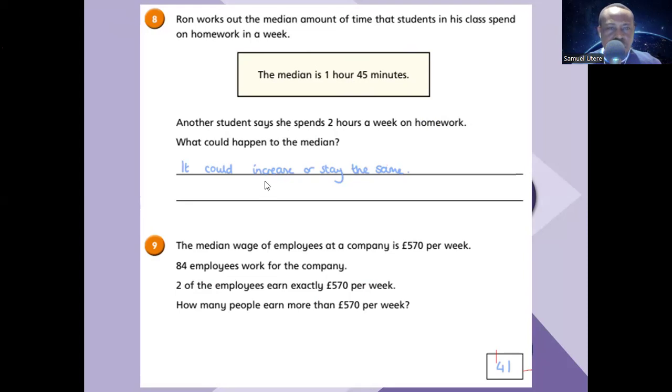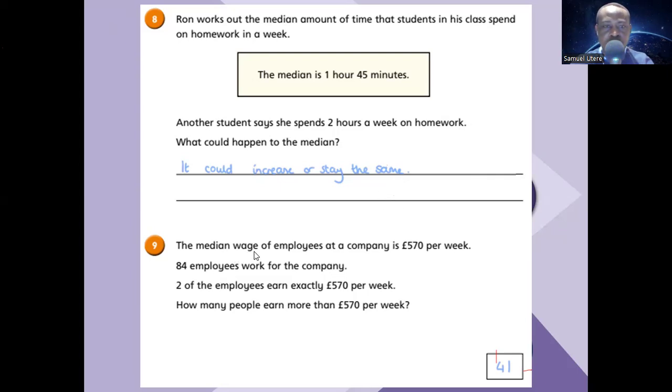It could increase or stay the same. Remember our very first example? When we change the value of the highest amount, that could change the median, or it could stay the same.